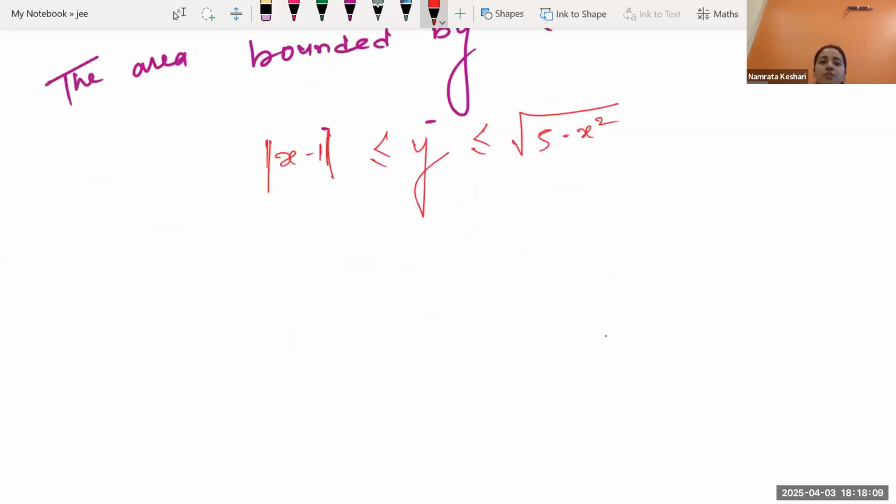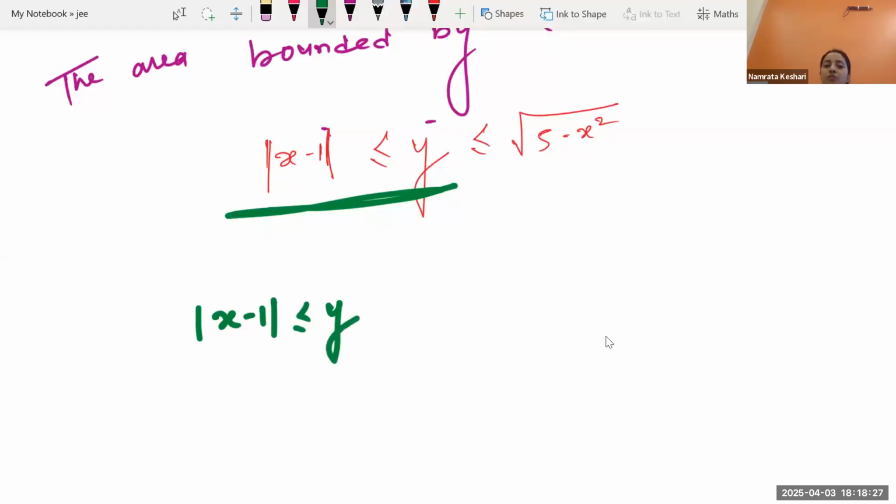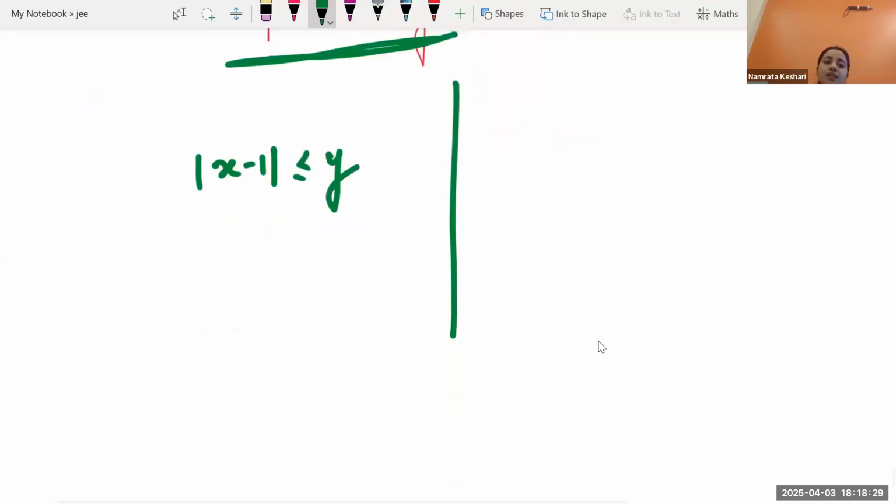So the first one, let's focus on this one. You understand, Meera and Upasna, that if we are able to plot the figure correctly, then we will definitely be able to find the area. So let's draw the figure. Mod of x minus 1 is smaller than or equal to y. If we focus on that first, we have y equals mod of x minus 1, right?